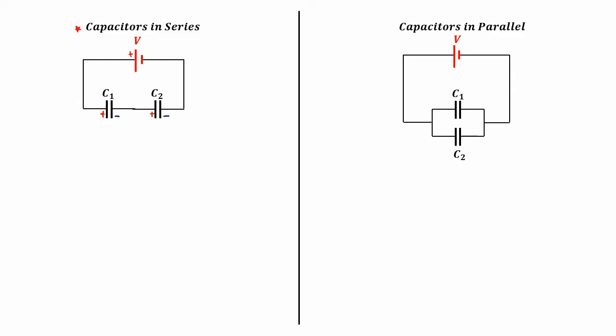What that tells us is that the charge on capacitor 1 and the charge on capacitor 2 are equal to each other. So that is the first property for capacitors in series: charge 1 equals charge 2. Charges are equal.